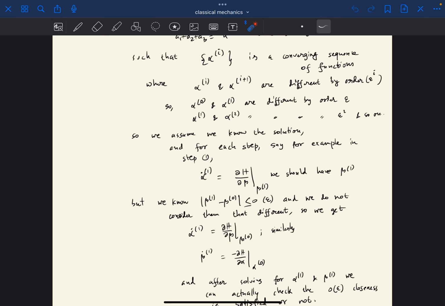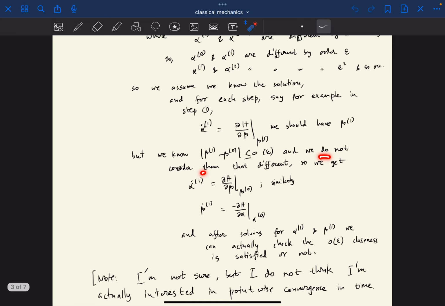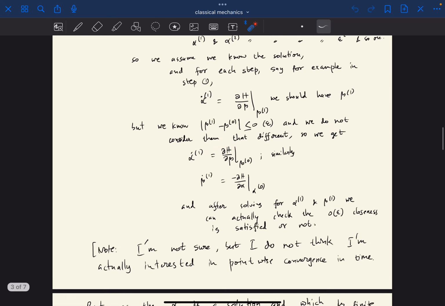Now assuming that we know the full solution, for each step, say for example in step 1, we put alpha dot 1 equals del H del beta at beta 1. There actually we interchange beta 1 with beta 0 because the left-hand side is of order epsilon, and we know that beta 1 minus beta 0 is less than or equal to order epsilon, so we do not consider them that different, so we get this evaluated at beta 0.